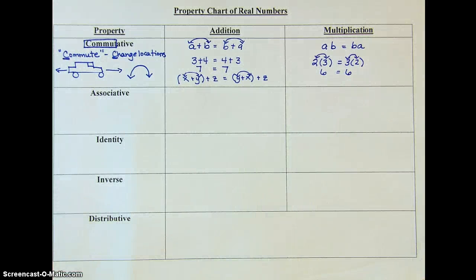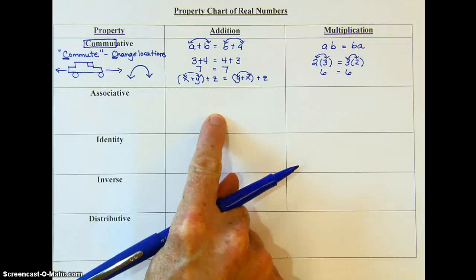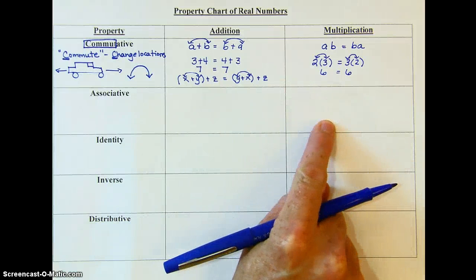And that illustrates the commutative property of addition and the commutative property of multiplication. Please notice you do not have a commutative property of subtraction or division because you will get the incorrect answer. Only addition and multiplication.